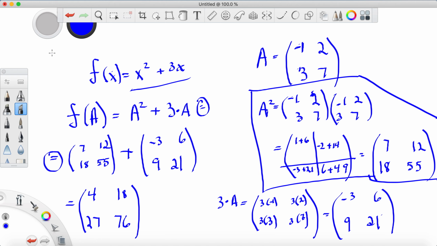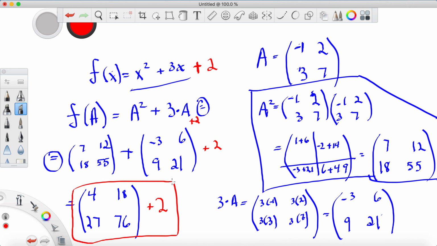Okay, and the last comment I want to make on this is that obviously if I had a function that ended with something like +2, right, then I could not perform this calculation. Why? Well, if I have a +2, then, okay, I plug in an A, then I get A squared, and I get 3 times A, then I have this +2, and I end up with this matrix +2, and that does not make sense, right?